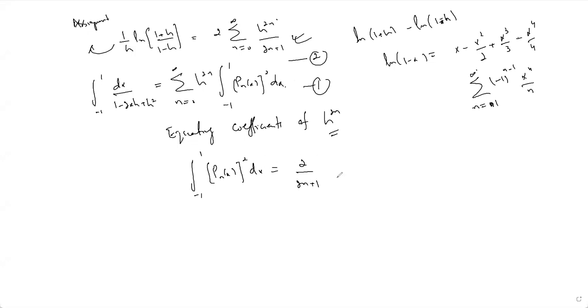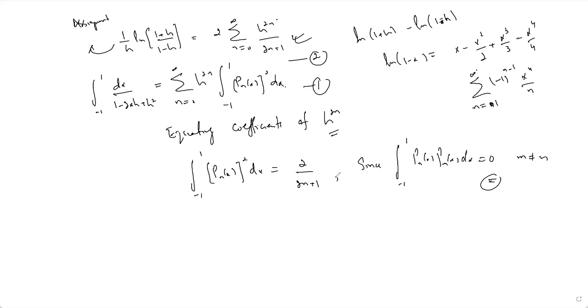Also, as I said, for the orthogonal functions, the integral from minus 1 to 1 of pn(x) into pm(x) into dx is equal to 0 for m not equal to n. This is the first equation I wrote in the beginning, the orthogonality condition.